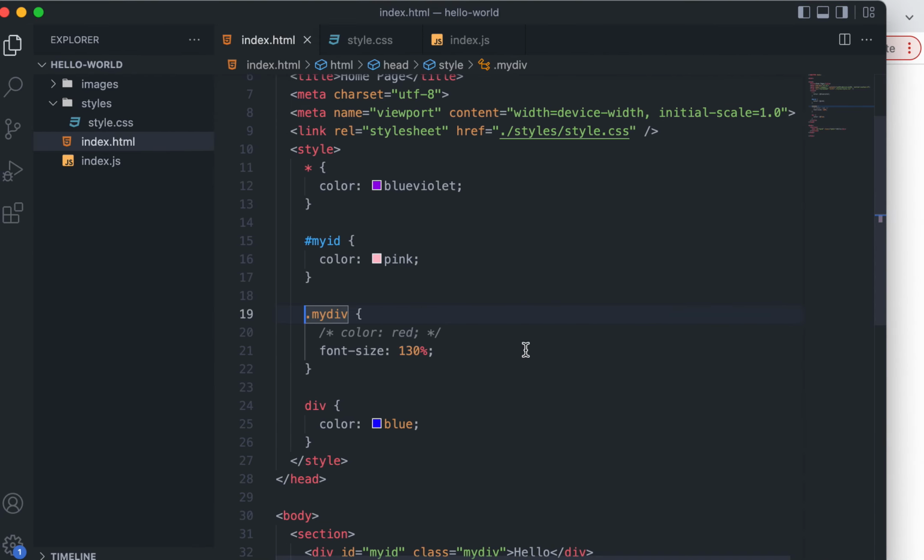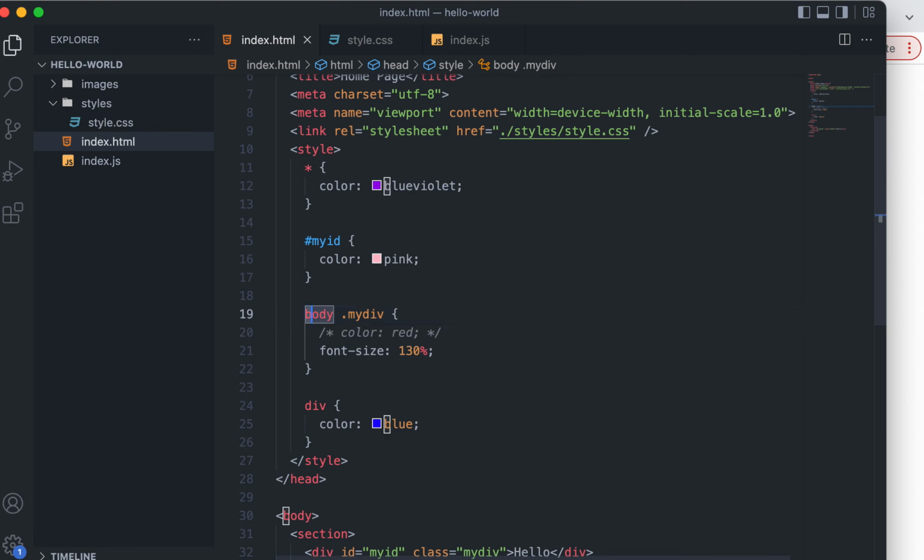So let's say dot my div, right? I could have written something like body space my div. Now you see that the specificity is 011. And you understand that specificity is not of body alone, and not of dot my div alone, because this whole thing is one selector.